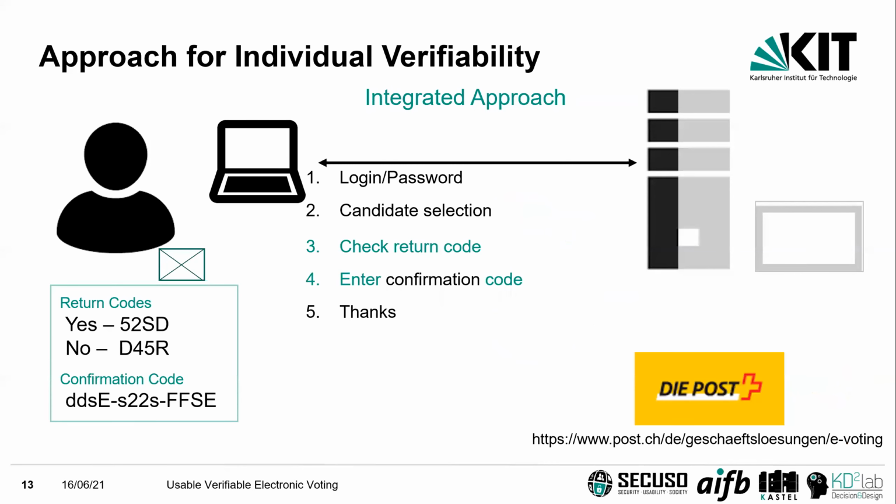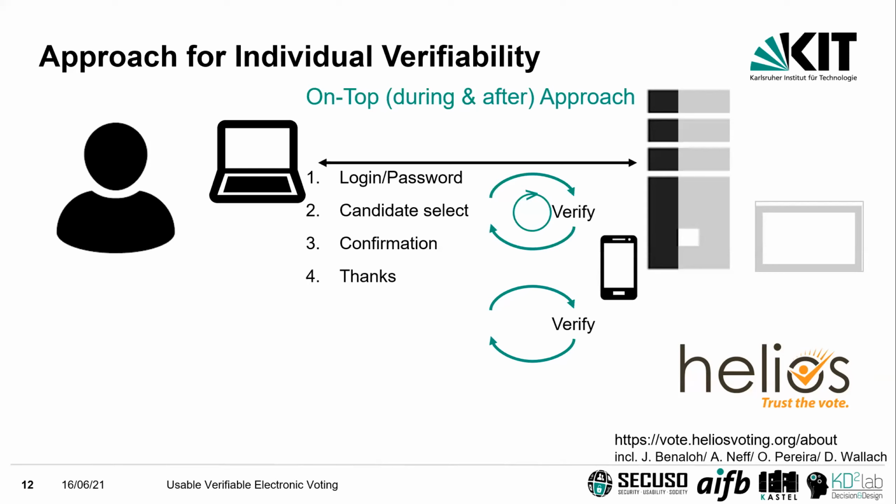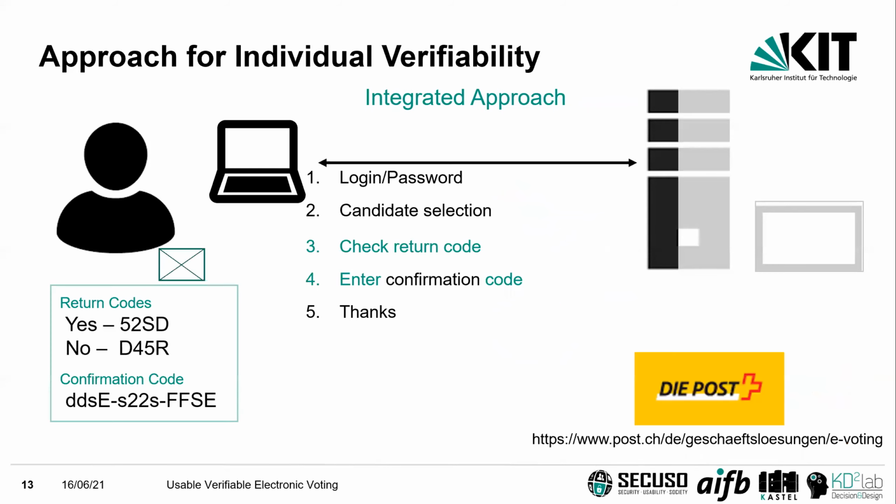The third approach I want to mention is the integrated approach. The integrated approach is different from the two before. So if I go back, you can see both of these approaches use a second device to verify.